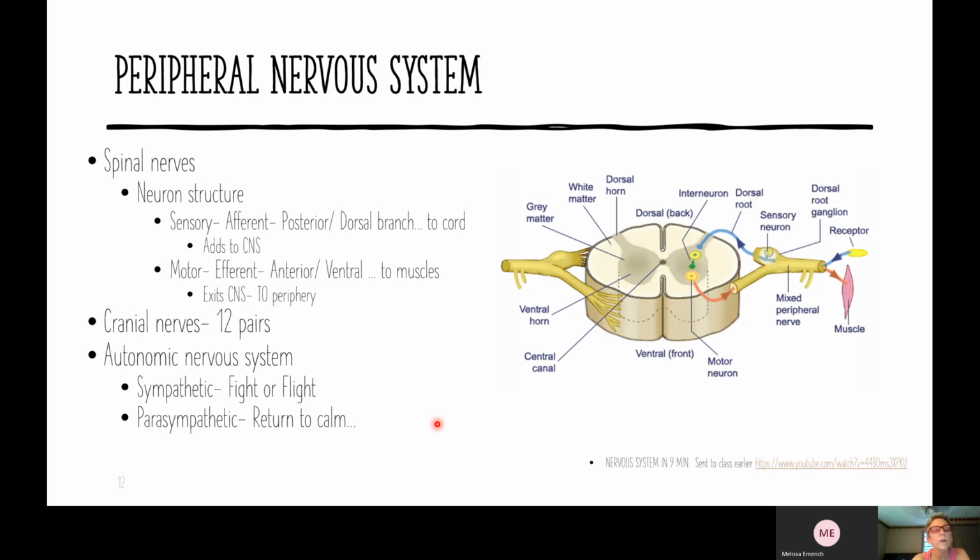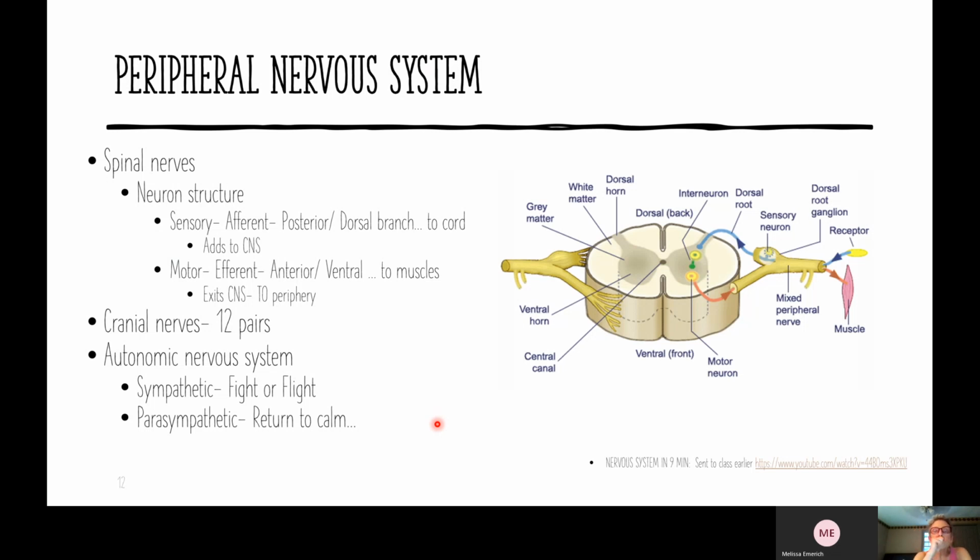They're taking things from the periphery and bringing it into the central nervous system. Whereas the motor nerves are known as efferent, they're exiting the cord and going to the periphery, and they're going to tell the muscles to do something. So the afferent are sensory, bringing the information from the periphery to the cord to say, what are we going to do? And then the motor nerves are efferent, and they're going out to the muscles.